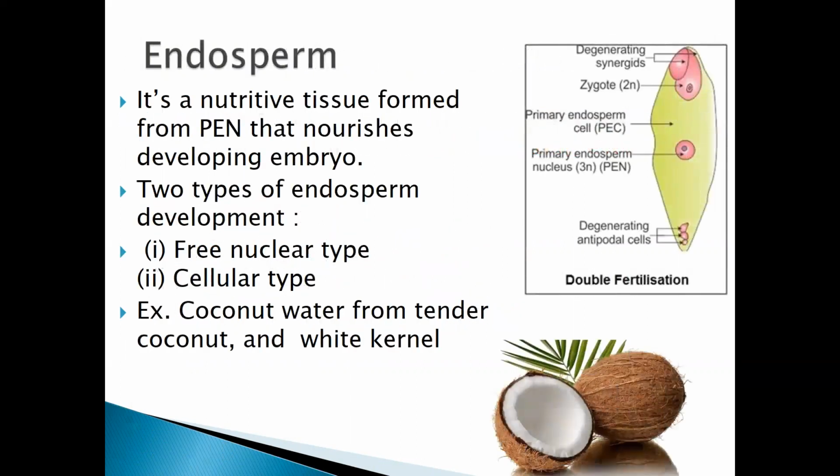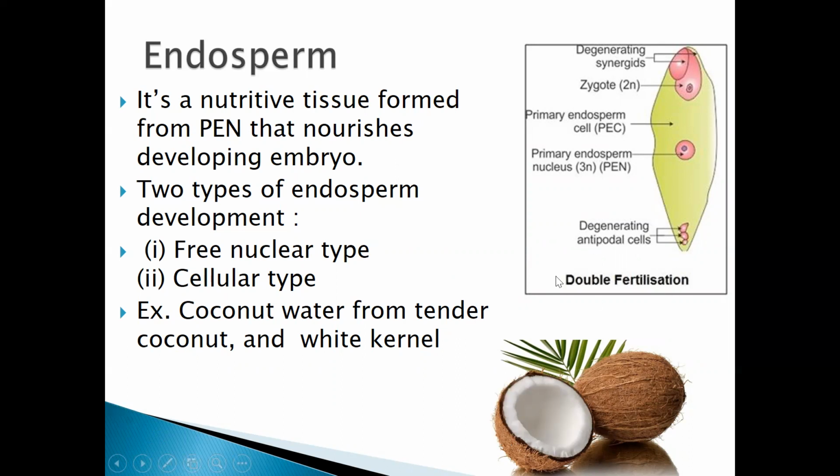Clear? Next, coming to endosperm. What is endosperm? Endosperm is a nourishing tissue. There are two types of endosperm development: one is free nuclear type and one is cellular type. Examples of endosperm are tender coconut water and the white kernel part of the coconut.